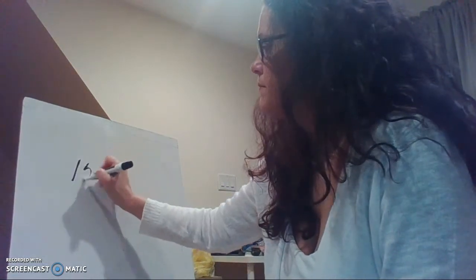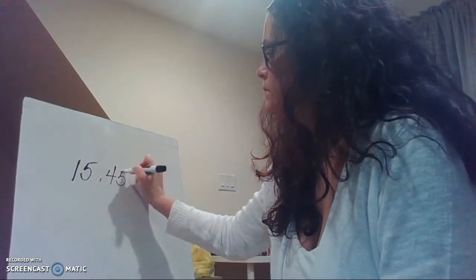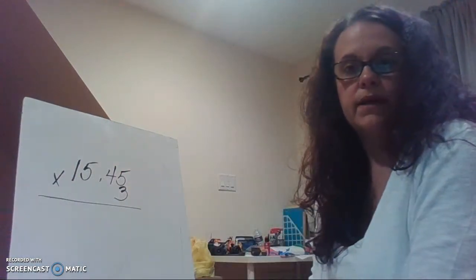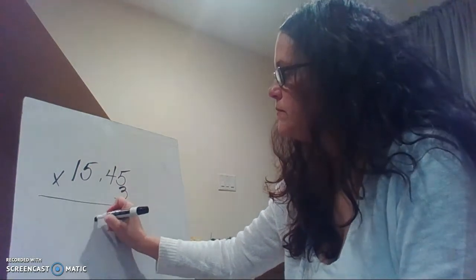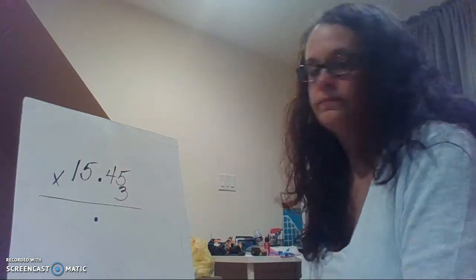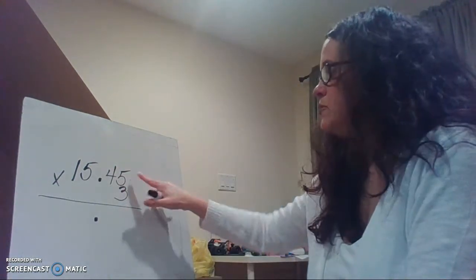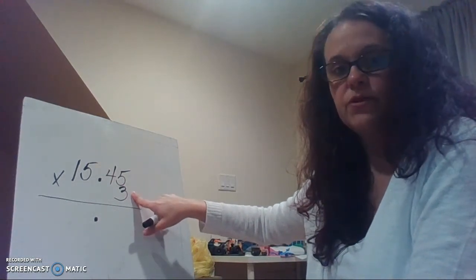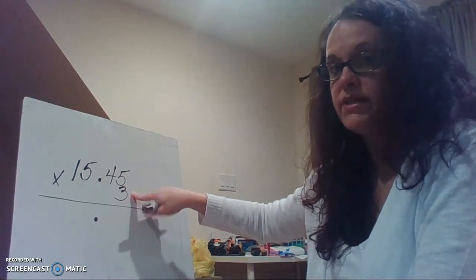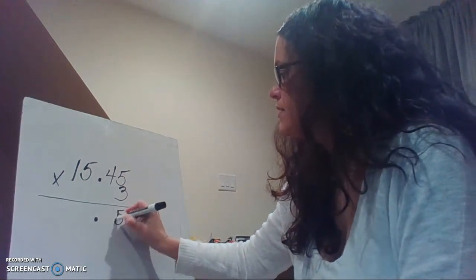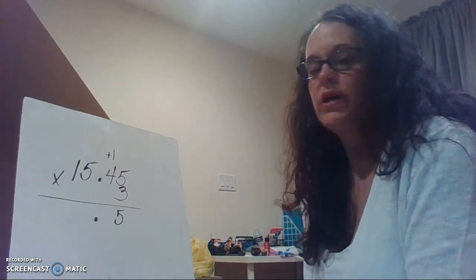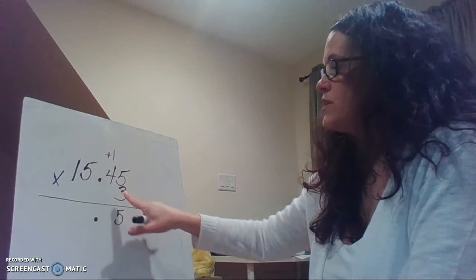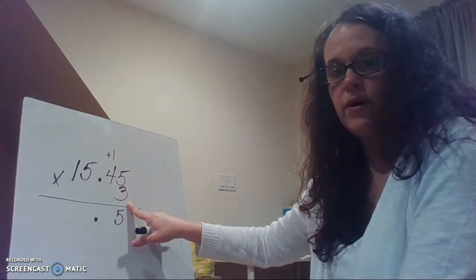Okay, last one. Okay, lining up the decimal, starting with my least column, which is the hundredths. 5 hundredths times 3 is 15 hundredths, or 1/10 and 5 hundredths. They all remain in their appropriate column. I regrouped the 1/10. Now I have 4/10 times 3, which is 12/10.